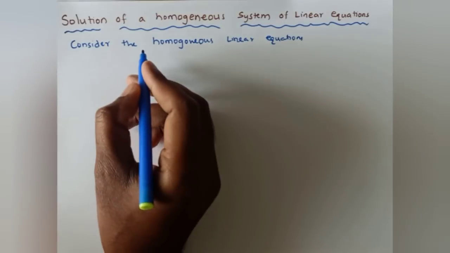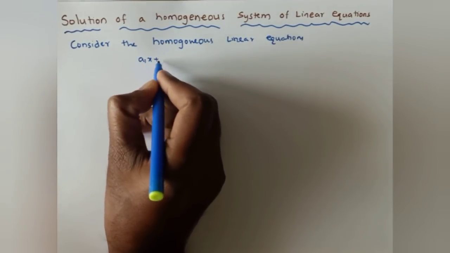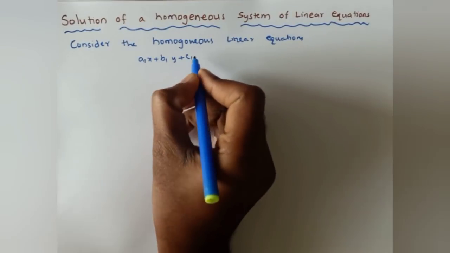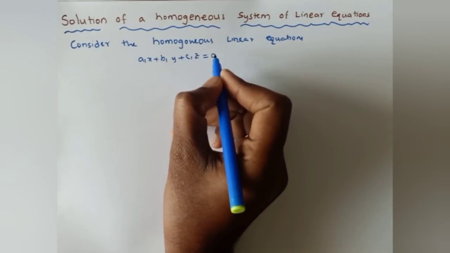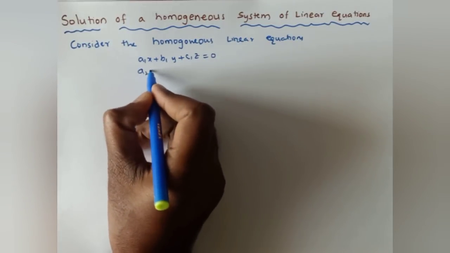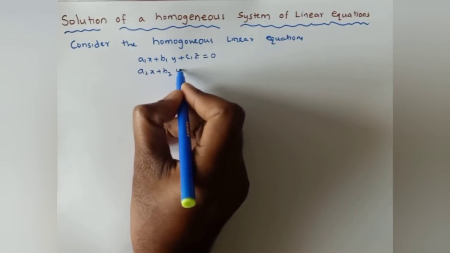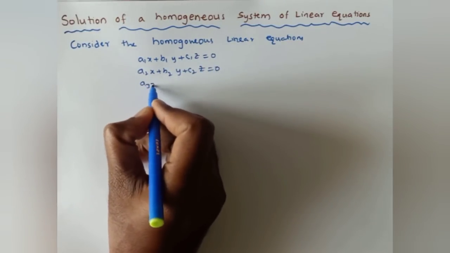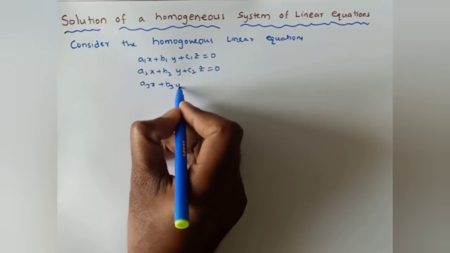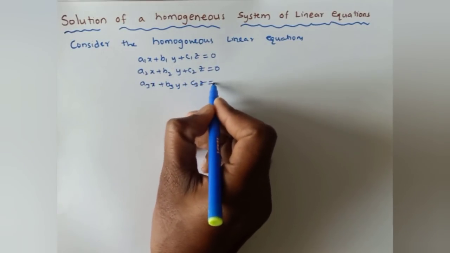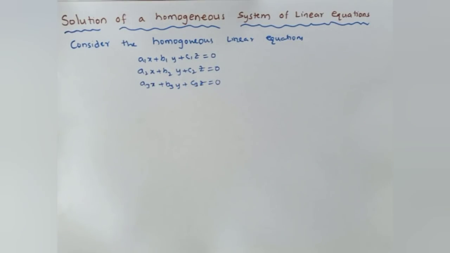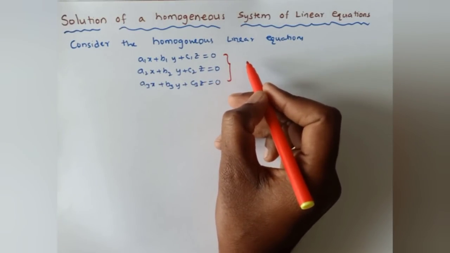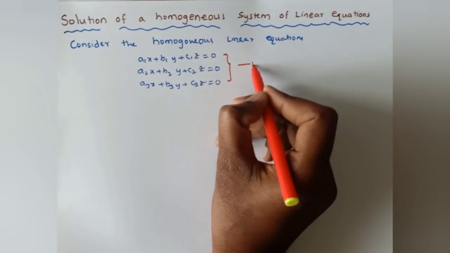They are a1x plus b1y plus c1z equals 0, and a2x plus b2y plus c2z equals 0, and a3x plus b3y plus c3z equals 0. So these are three equations, and this entire thing is known as the system of homogeneous linear equations.